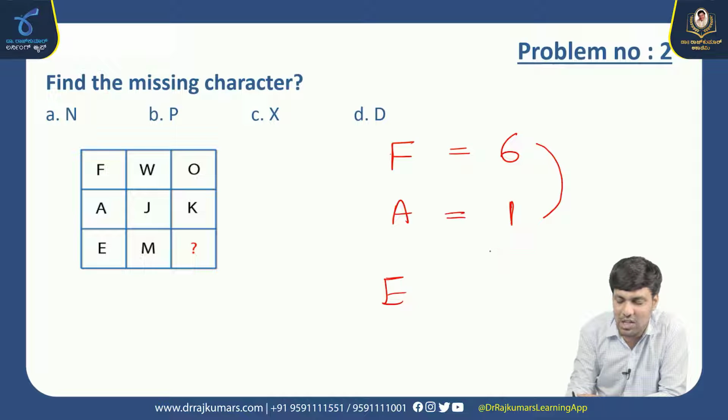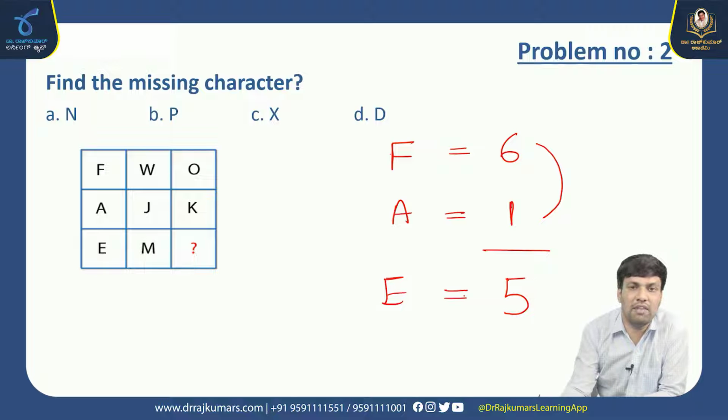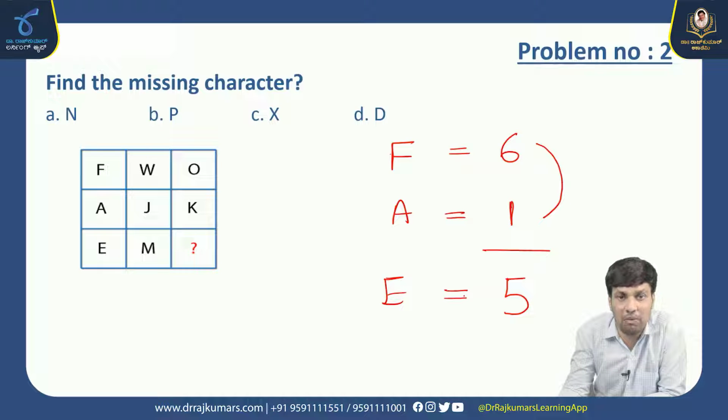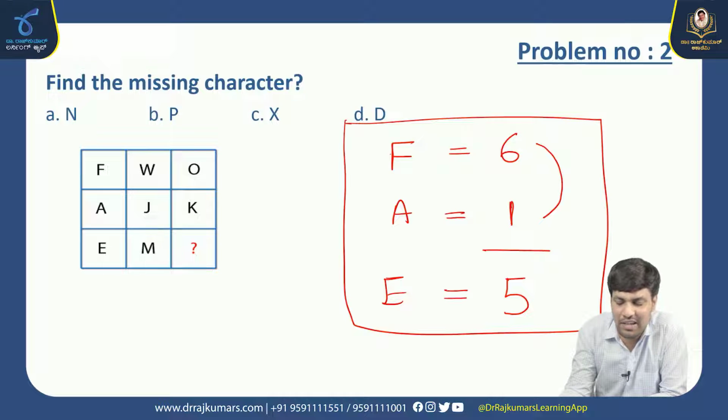When we subtract these two numerical values, we get number 5, which is equivalent to the numerical value of alphabet E. The pattern hidden here is, in the first column, the first letter's numerical value and the second letter's numerical value are differenced to get the third numerical value.